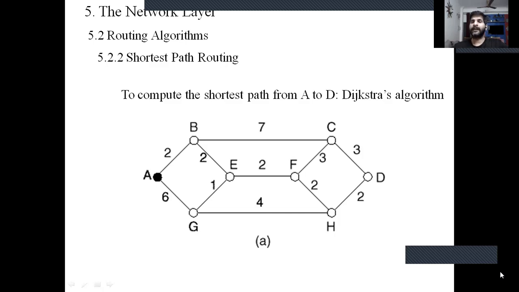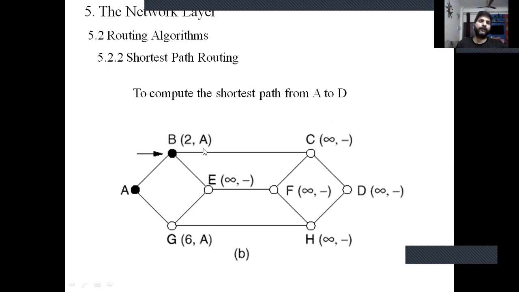Router A is the source and router D is the destination. The packet is flooded to both adjacent nodes, A to B and A to G. Now calculate the value: the distance from A to B is 2, and from A to G is 6.